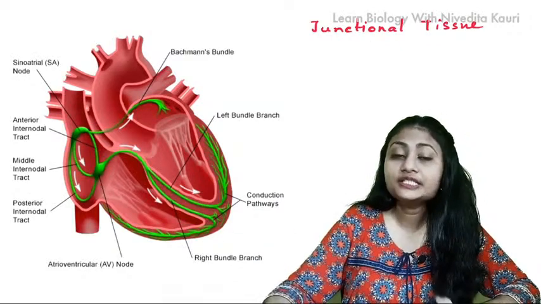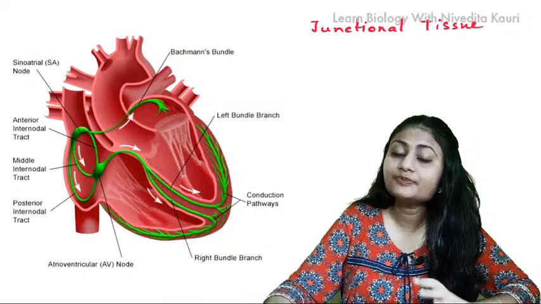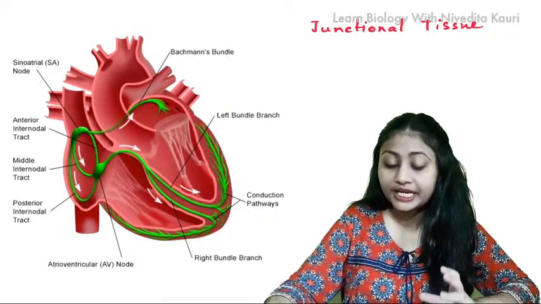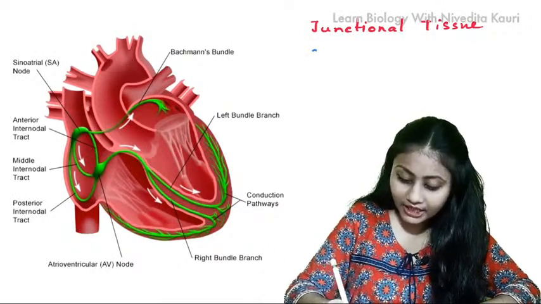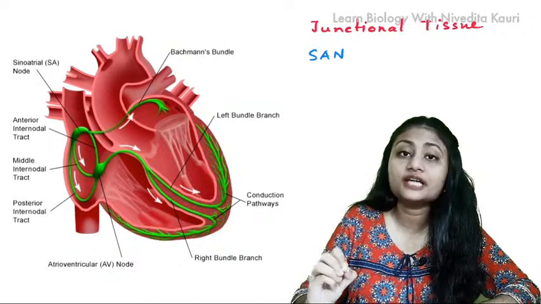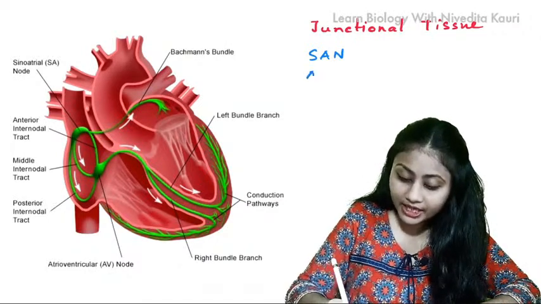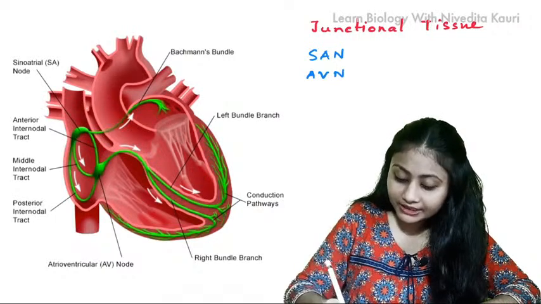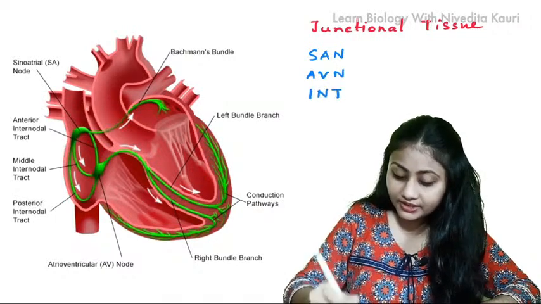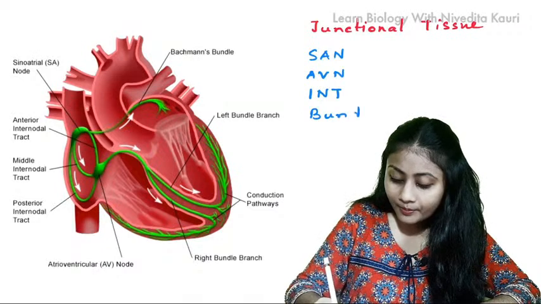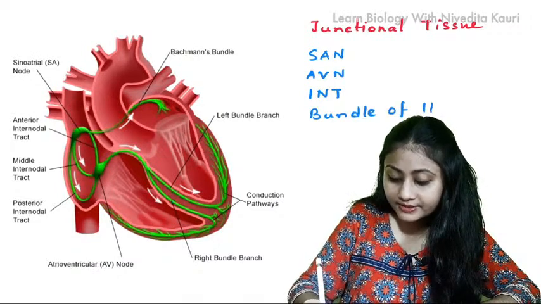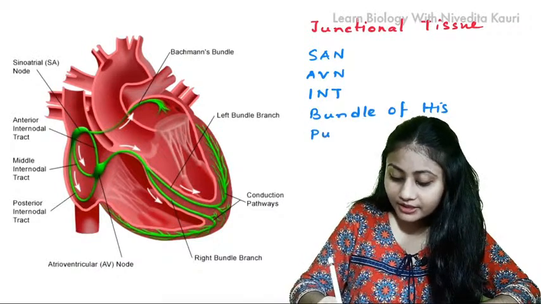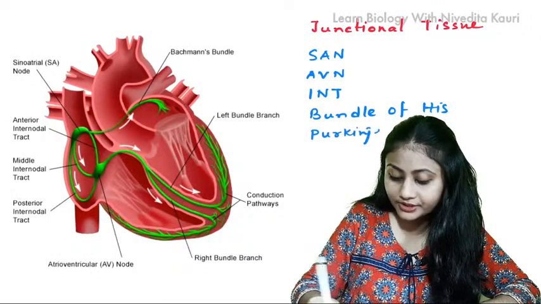The junctional tissue of human heart is made up of different structures. It consists of the SA node or the sinoatrial node, AV node or the atrioventricular node, the internodal tract, bundle of His and the Purkinje fibers.